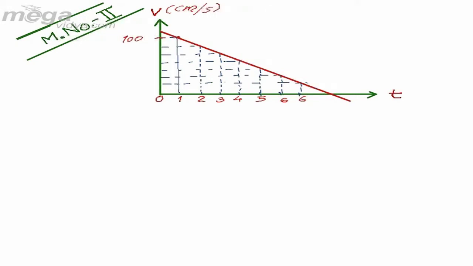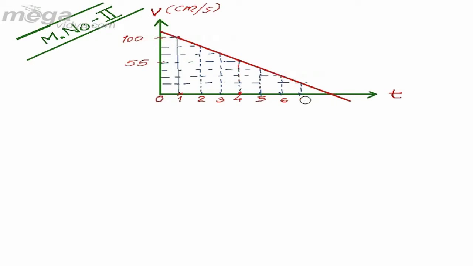So for this interval, average velocity corresponds to time t equal to 1 second, and for the next 4 seconds, 2 to 6 seconds, average velocity comes to be 55 centimeter per second, and obviously for this interval 2 to 6 seconds I have written this average velocity corresponding to the middle time, which is t equal to 4.